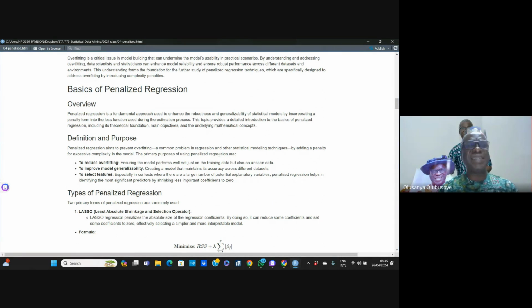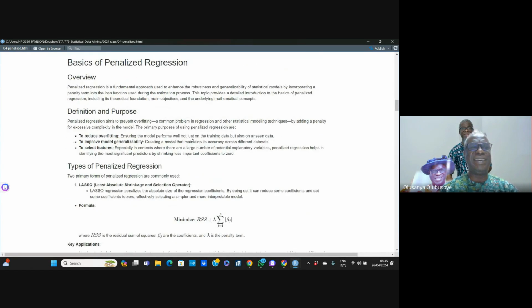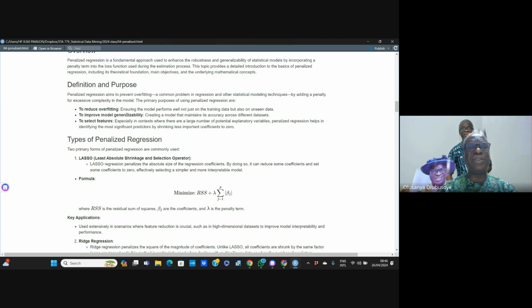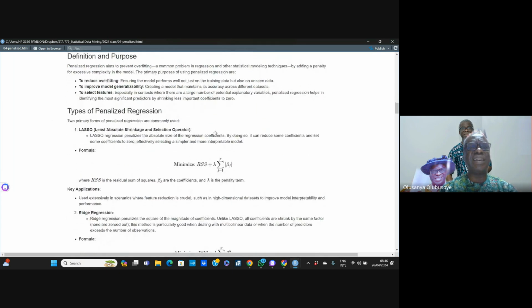So let's start with the basics of penalized regression. I won't repeat what we have talked about. Already I said penalized regression is used to reduce overfitting, to improve model generalizability, and to select features. So that's clear.